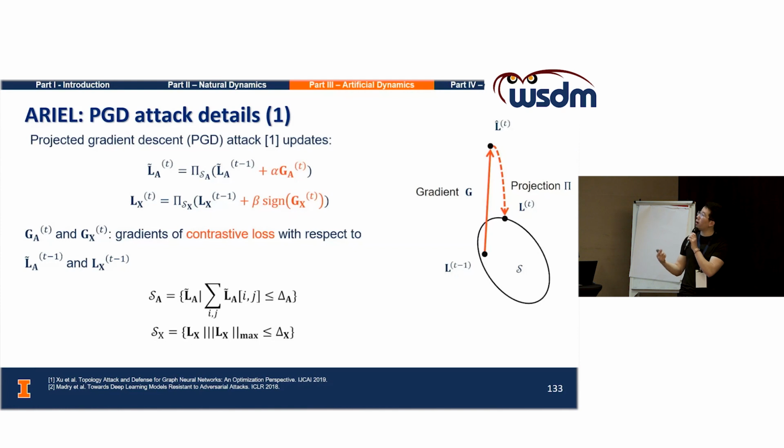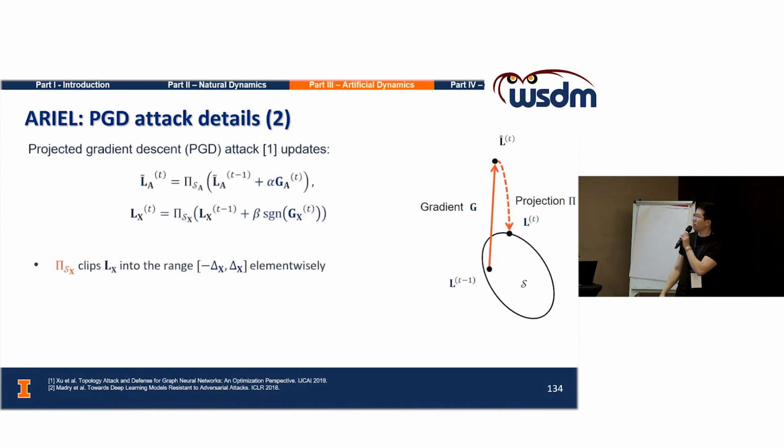And for the norm bound of the adjacency matrix, we bound the sum of the entries of the topology perturbation matrix to be less than or equal to delta A. For the reason why I selected those two bounds for the feature perturbation and topology perturbation, please check our paper instead.